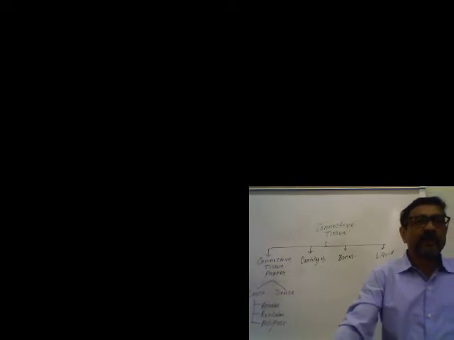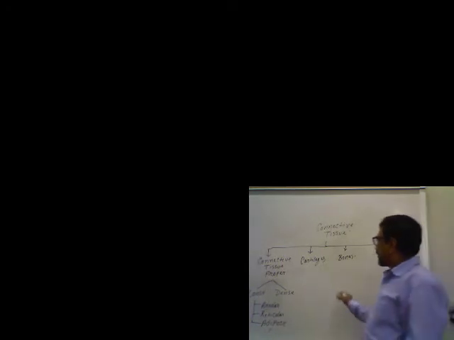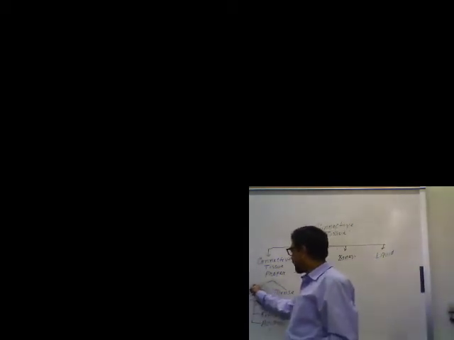Adipose is fat. Okay, fat. Dense has two types. You already know, dense regular and dense irregular. Regular and irregular. You can write it down.